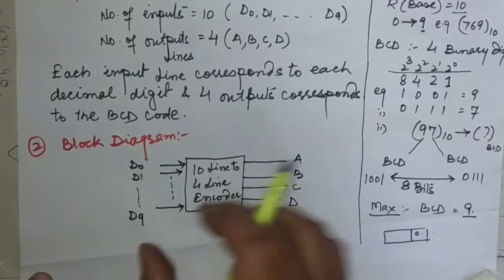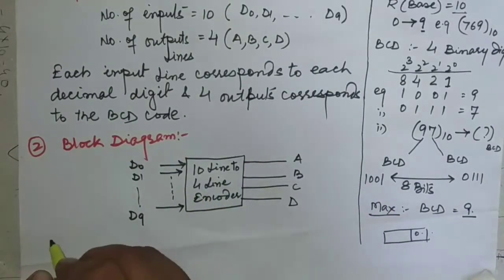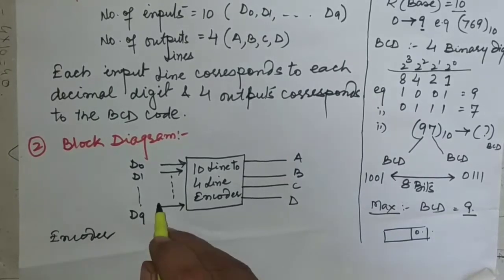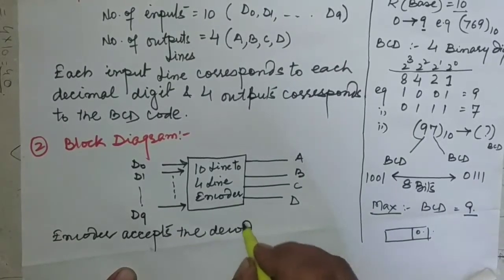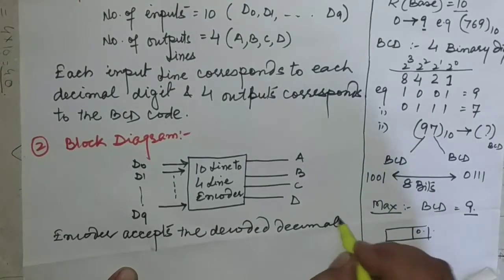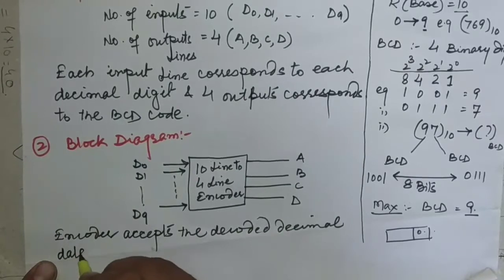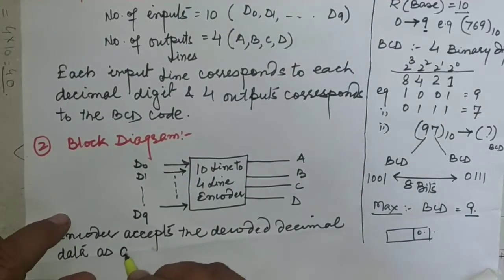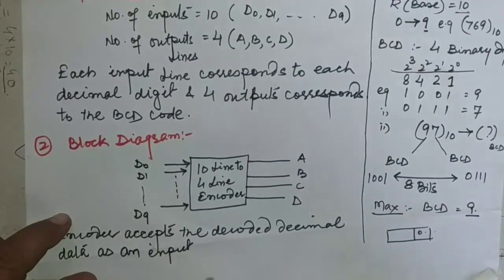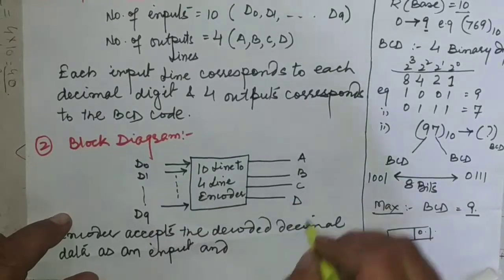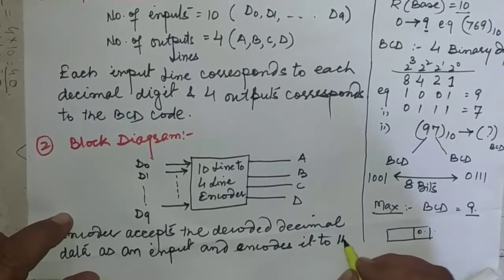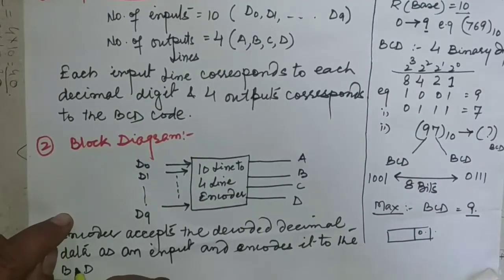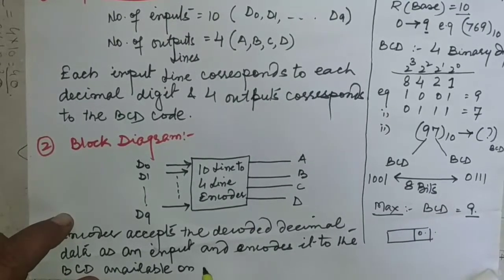And we can also say, by seeing this block diagram, that this type of encoder accepts the decoded decimal data as an input, and now encodes it to the BCD, which is available on the output lines.